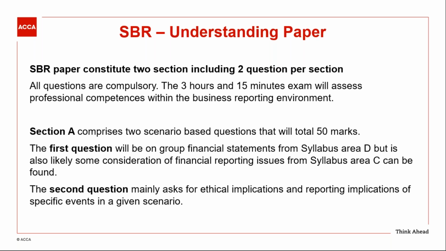It's 100% dependent on the examiner's discretion, whether he assigns 30 marks to question 1 and 20 to question 2, or 25 marks to each. Either 20, 25 or 30 marks go to question 1, and the rest to question 2 in section A.